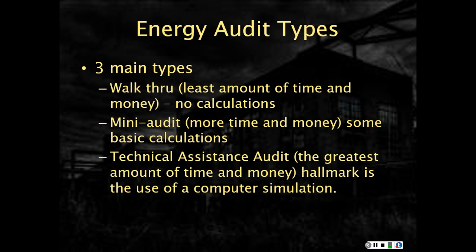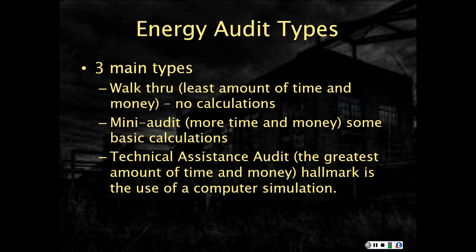The final audit, which is the most elaborate of the audits, which takes the greatest amount of time and the greatest amount of money, is called a technical assist audit or full energy audit. The hallmark of this audit is typically we recreate the building in a computer.